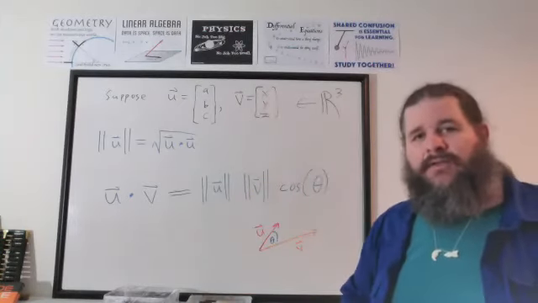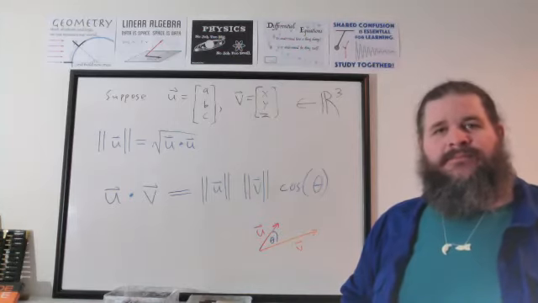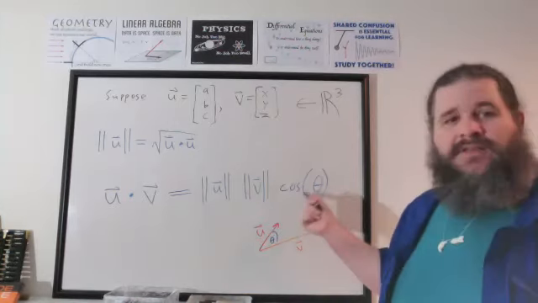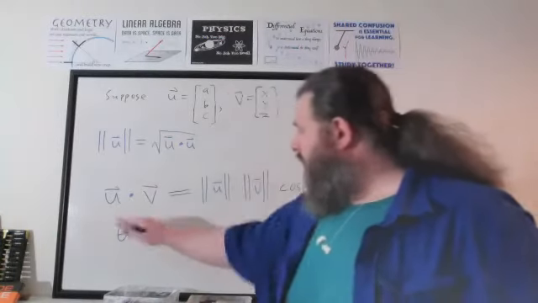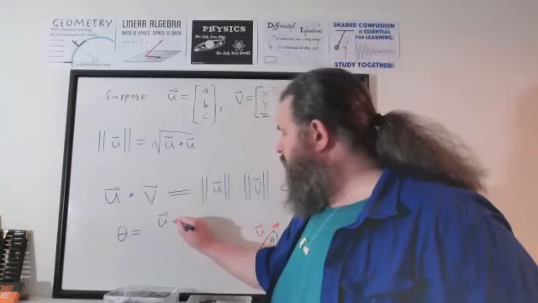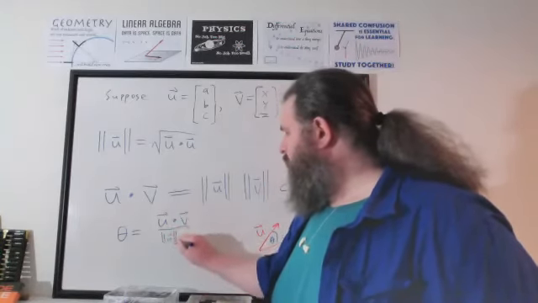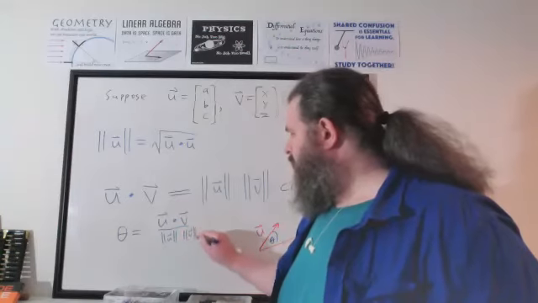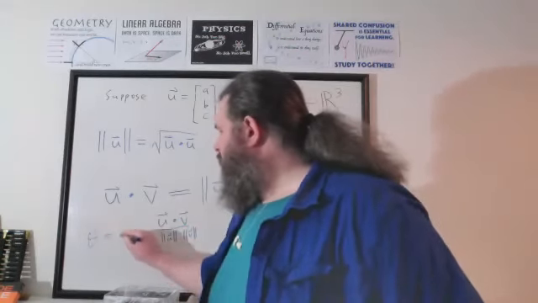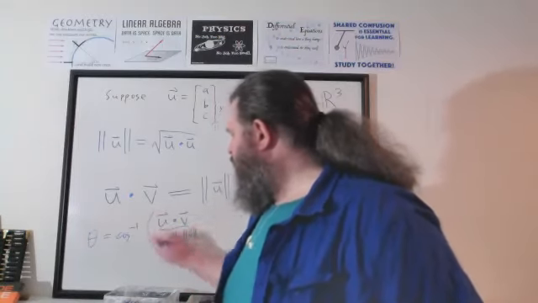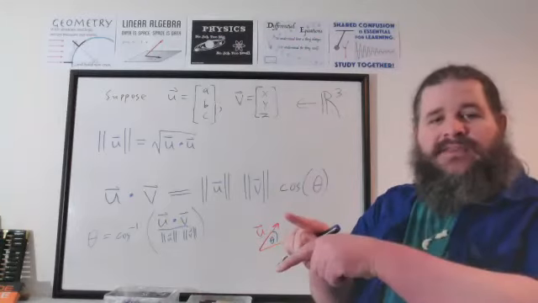If you can calculate all those, what's the only unknown left in the equation? Theta. Yeah, theta, which means you can then solve for theta by dividing both sides by the magnitudes, and then taking the inverse cosine. So it's actually possible to use this to calculate the angle between the vectors.